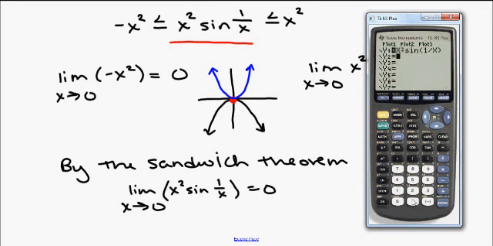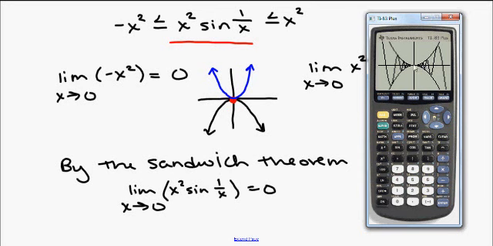And if we also graphed along with this x squared and negative x squared, you'll see how this is sandwiched between them. So here is x squared and negative x squared, and you can see that this function, x squared sine 1 over x, never goes above the positive x squared. It never goes below negative x squared in this interval. So it really is just kind of bouncing off the edges there.